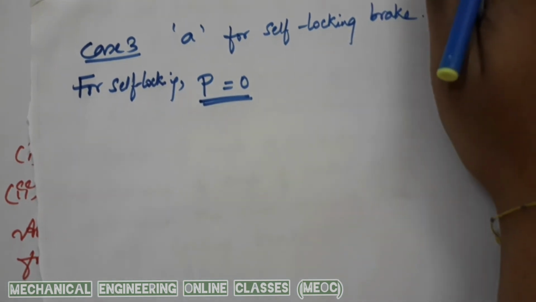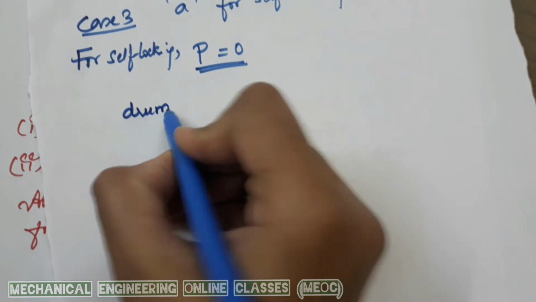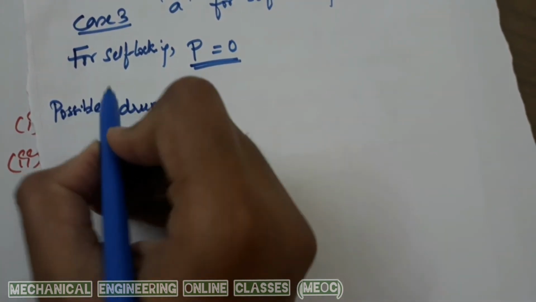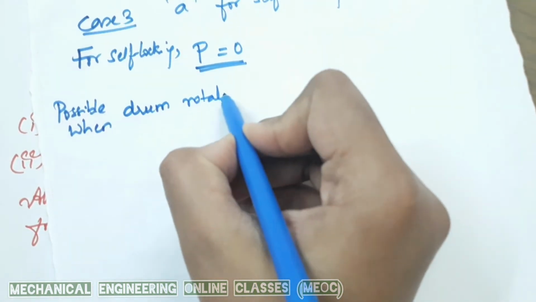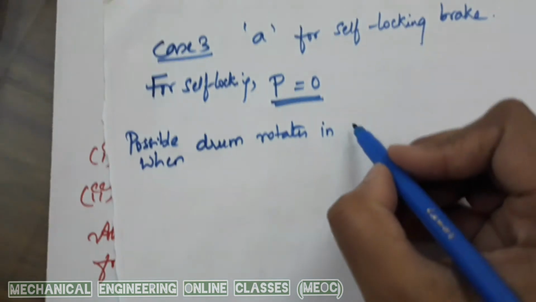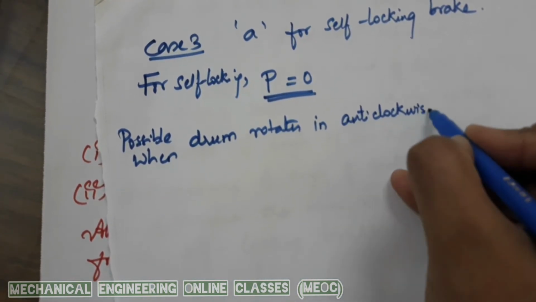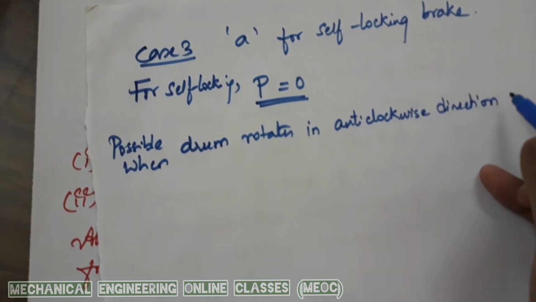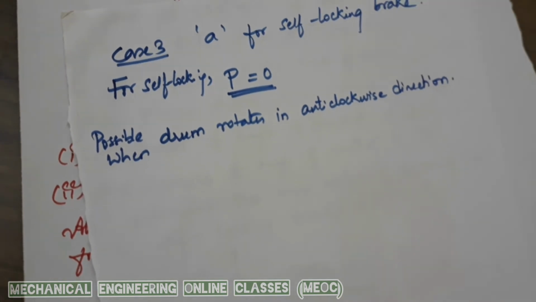This makes sense only when the drum rotates in anti-clockwise direction. So we have to check the equations in both the cases.